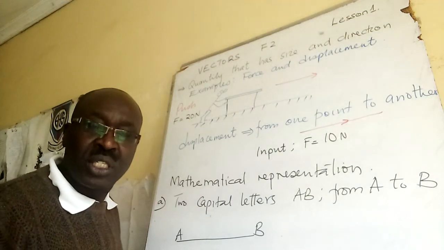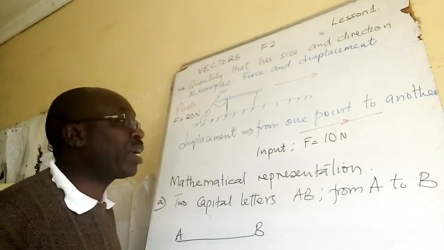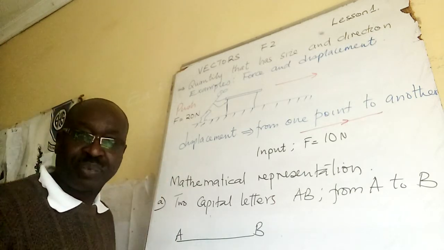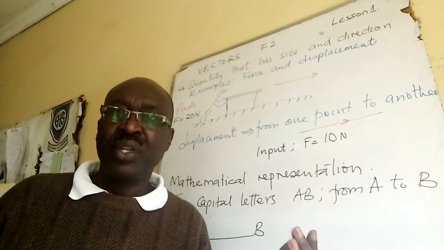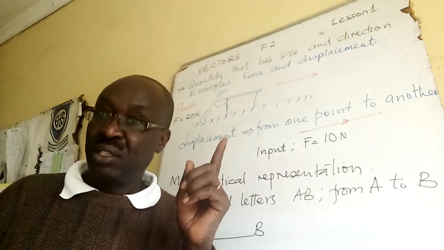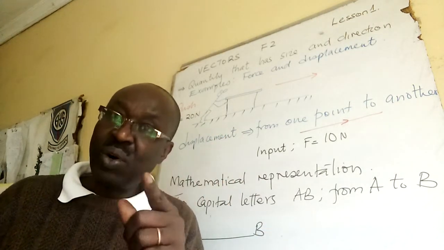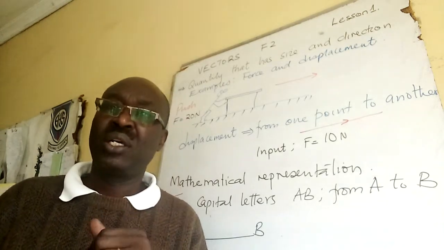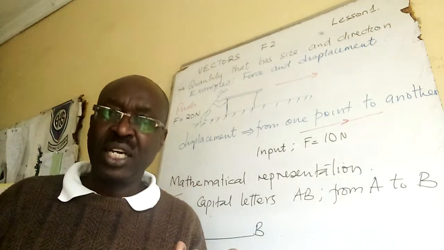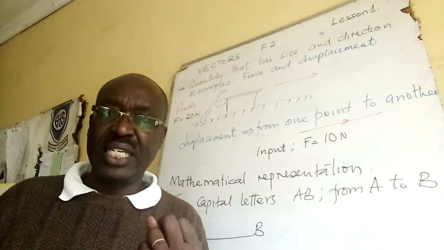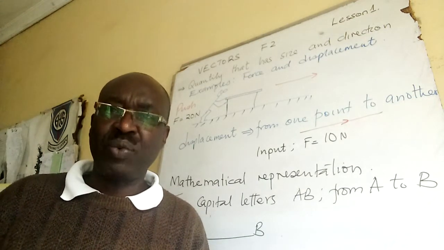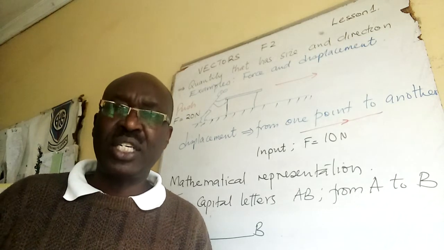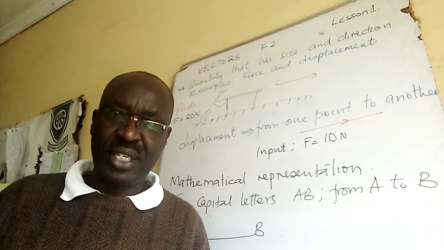So what do we understand by the word vector? Now, in physics, form 1, everyone went through form 1, so just to remind others, we have two quantities. On Earth, two major quantities that we have are vector quantities and scalar quantities.